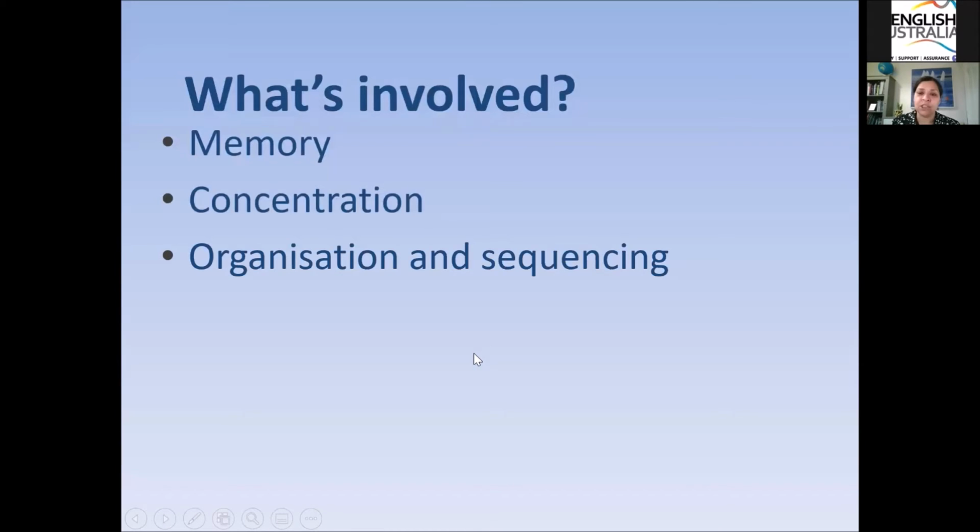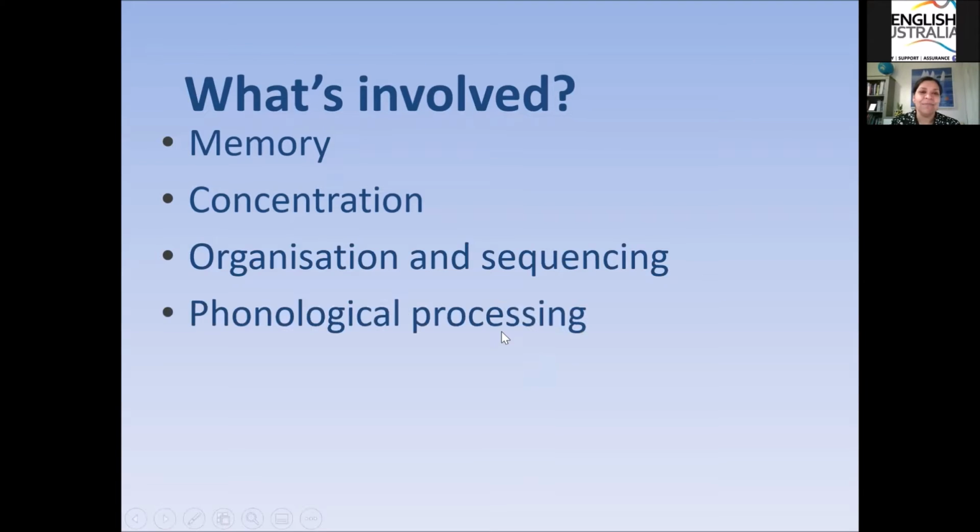Chunking, reinterpretation, orthography, yep. Reading aloud, then the word as I write, wonderful, okay. Phonological processing, this is the sort of sounding it out, isn't it?